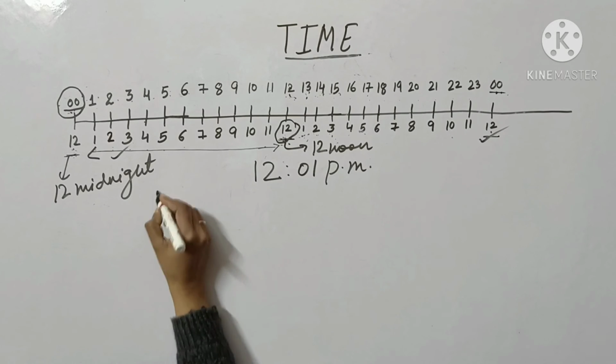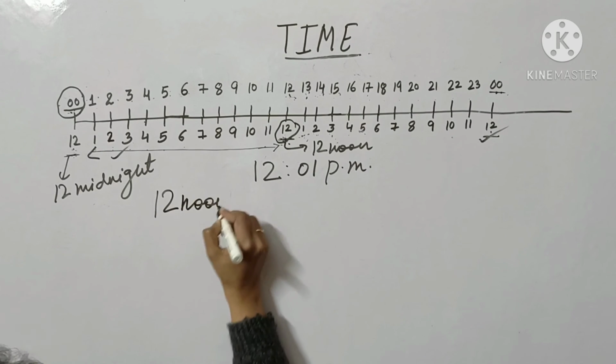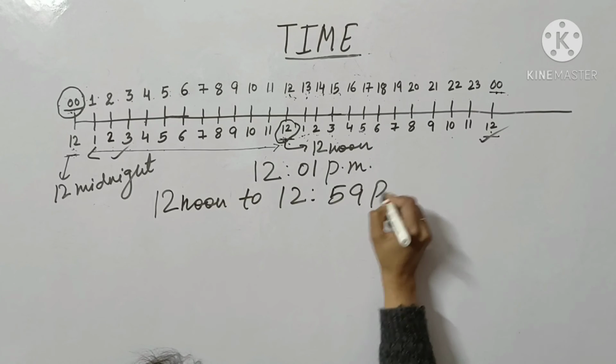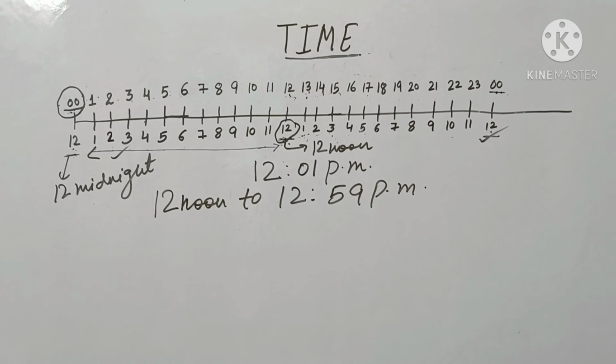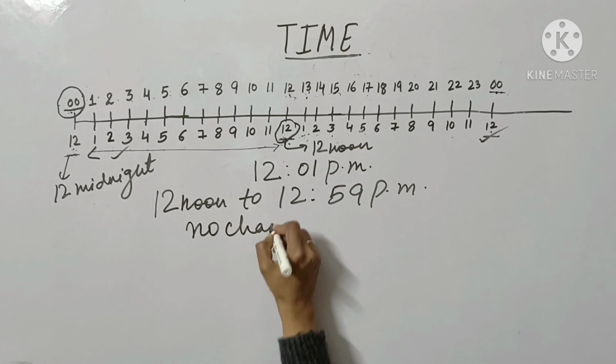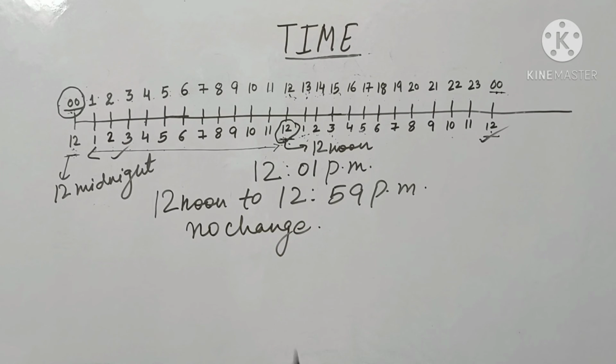That means from 12 noon to 12:59 PM, no change. We will not subtract, we will not add. Nothing we will do. The same time we will write as it is in 24-hour clock time also.